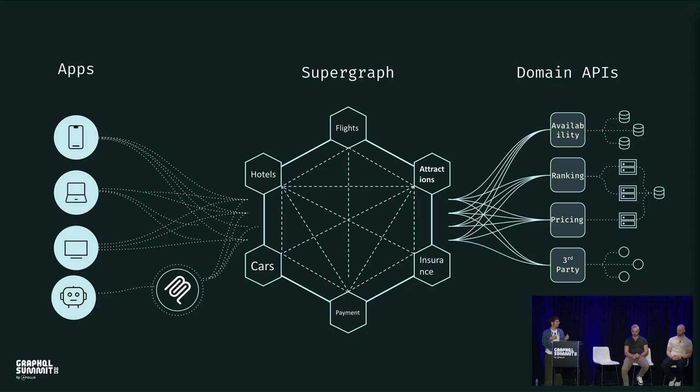We also handle the agentic traffic pattern today. So in short, we are literally maintaining a real supergraph.